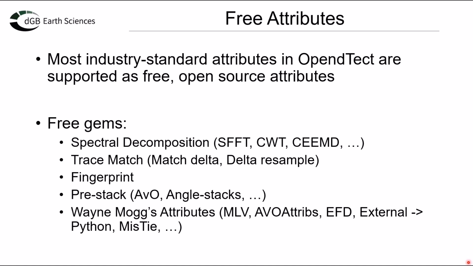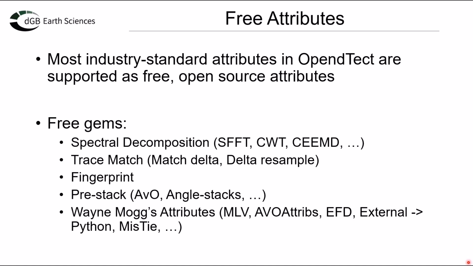Now, what are free attributes in OpendTect? Most of the industry standard attributes in OpendTect are supported as free open source attributes. Included are several quite interesting ones, some of them unique, some of them very valuable. If you use these in other software systems, then you will have to pay dearly for these.